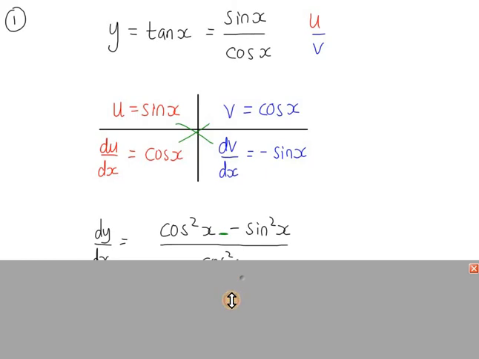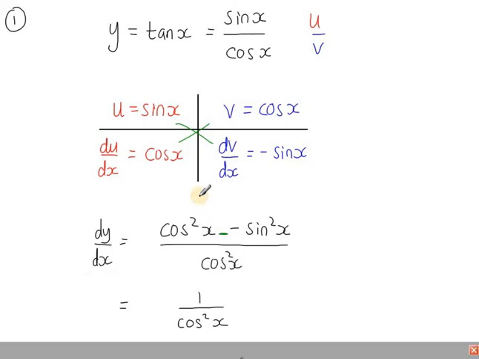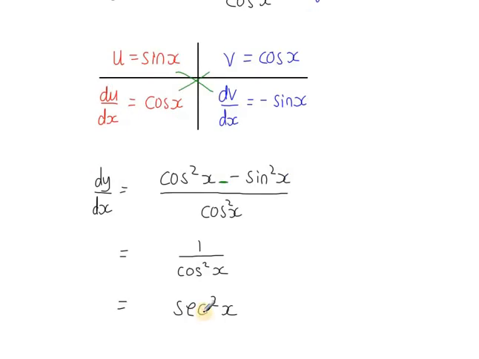V is cos x, so over cos squared x. The numerator is cos squared plus sine squared, which gives 1, and 1 over cos squared is secant squared x. So if you differentiate tan x, you get secant squared x. And you should know the proof for differentiating tan x, exactly as you see it here.